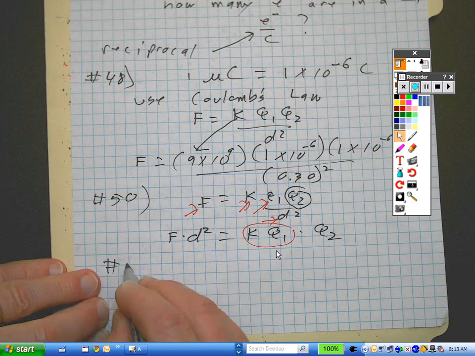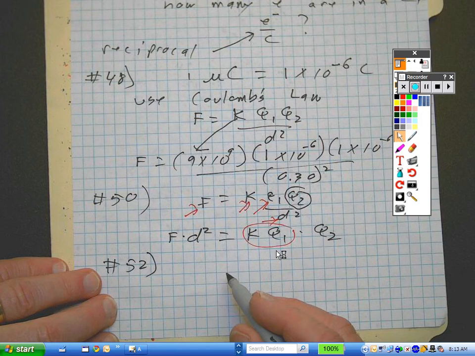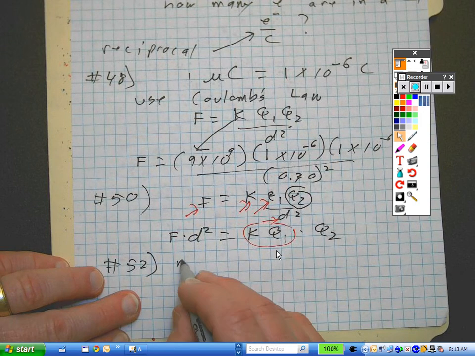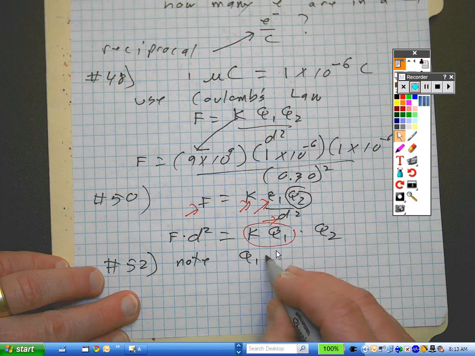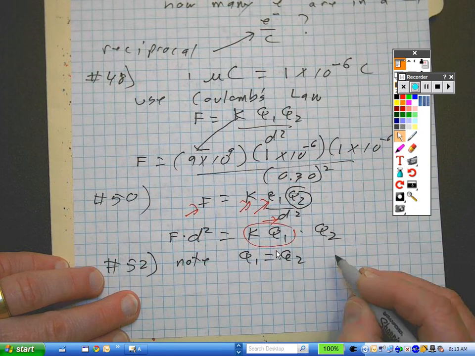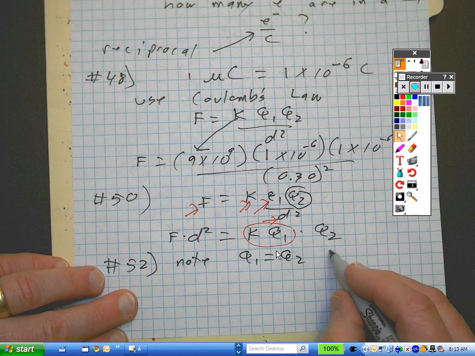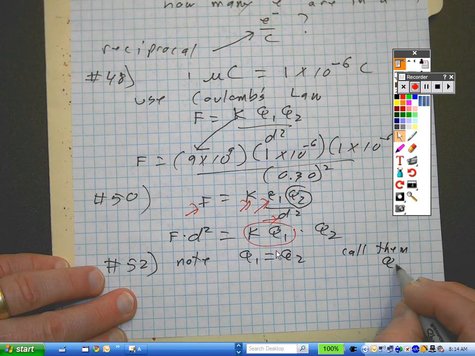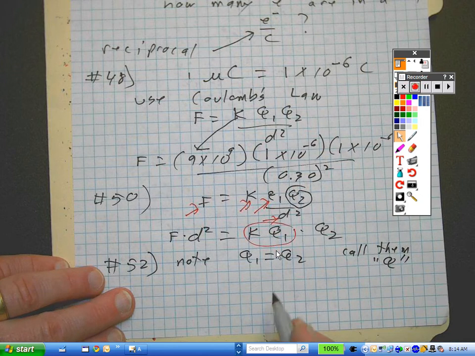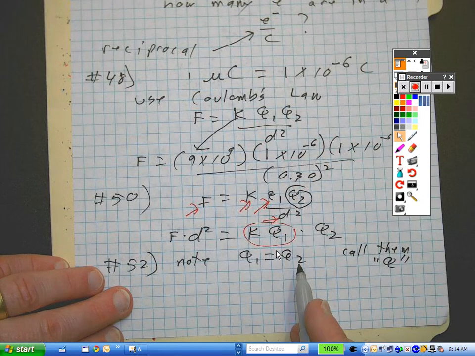Number 52. Now with number 52, note the charges are the same. Q1 is the same as Q2. Well, then why not just call them Q, so that you could get Q squared?